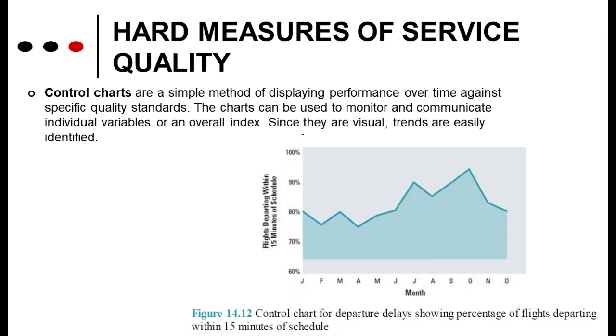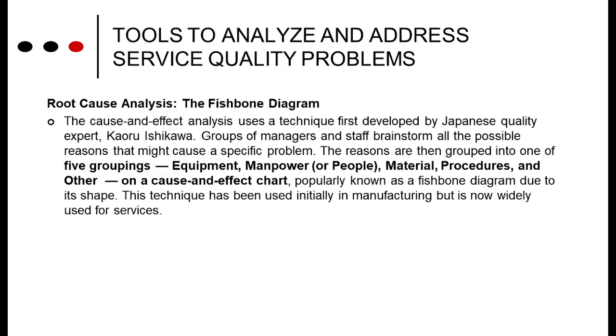But somewhere around the month of April, only around 75% of flights have left within 15 minutes of schedule. So looking at the trend, it gives you an understanding of the performance measure, which is that flights have to leave within 15 minutes of schedule, and you have been able to look at it over a period of time.